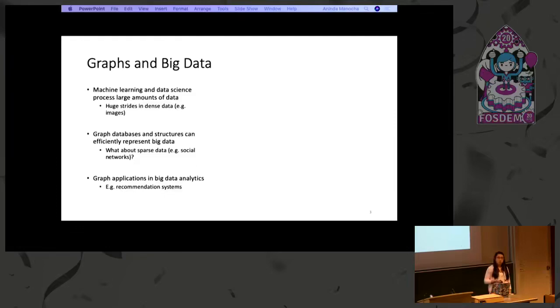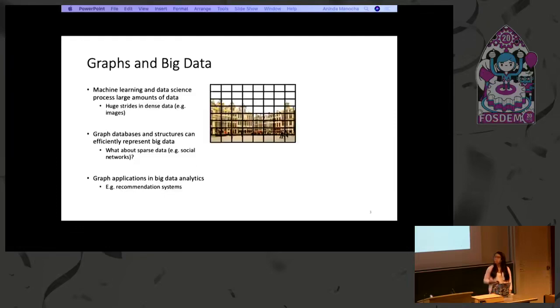Many machine learning and data science applications need to process large amounts of dense data, for example, images composed of many pixels. Fortunately, huge strides have been made in processing these types of data, like neural network accelerators. Meanwhile, graphs can efficiently represent big data, although their data layouts are often sparse, and so they require different computing paradigms.